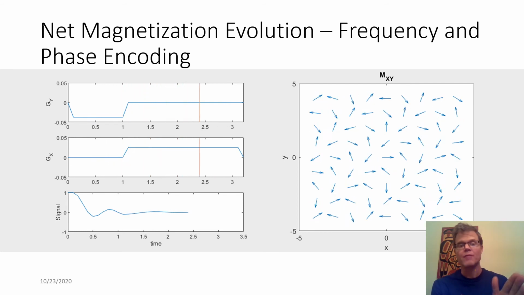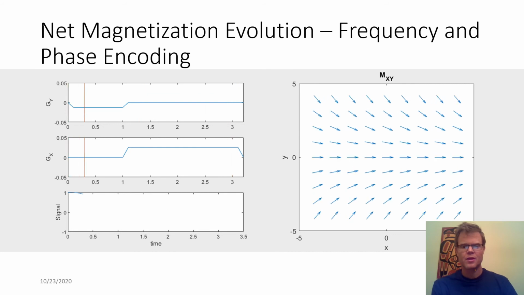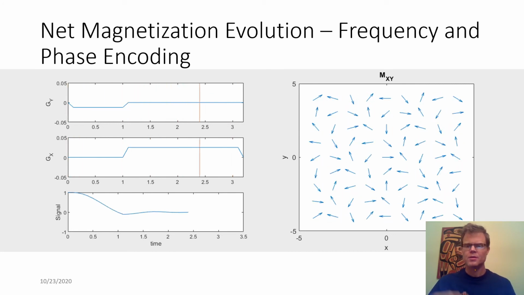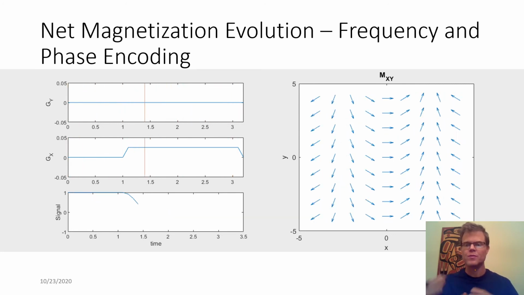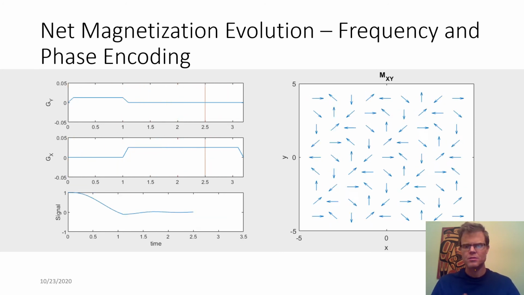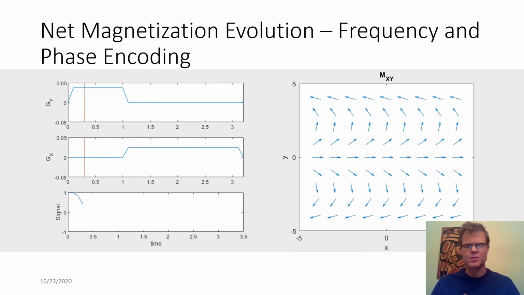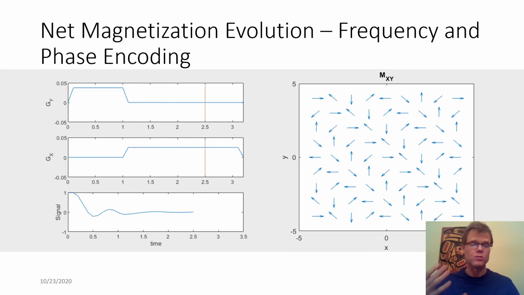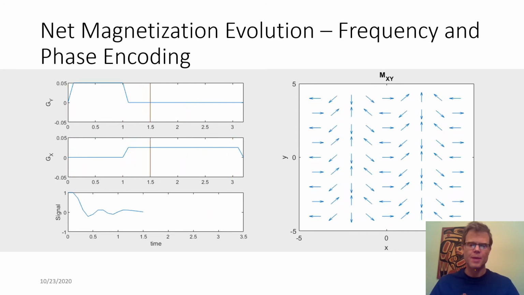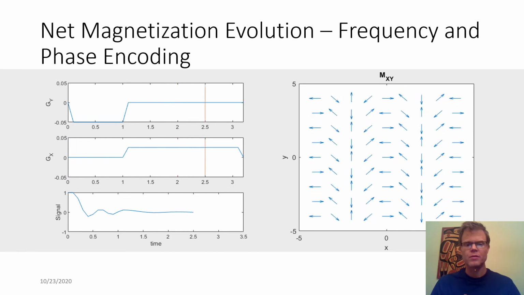And then after that is when we're going to turn on this frequency encoding gradient, and you see we get sort of this mixture of different patterns of the net magnetizations during these different phase encoding steps in y. And the fact that this looks different, each one of these steps, is in fact what helps us fully resolve our image.